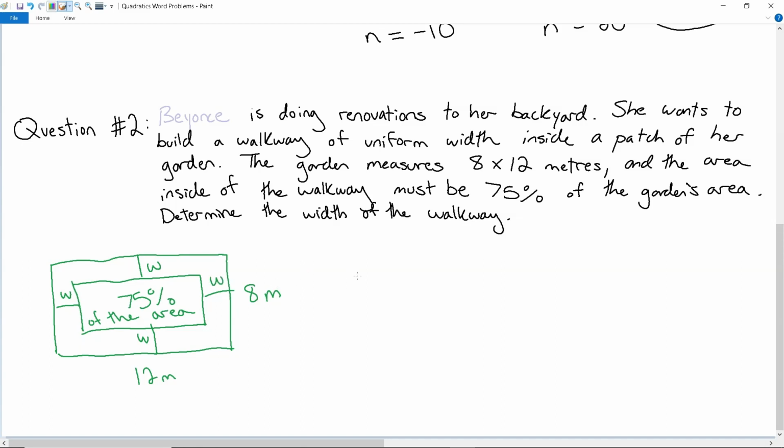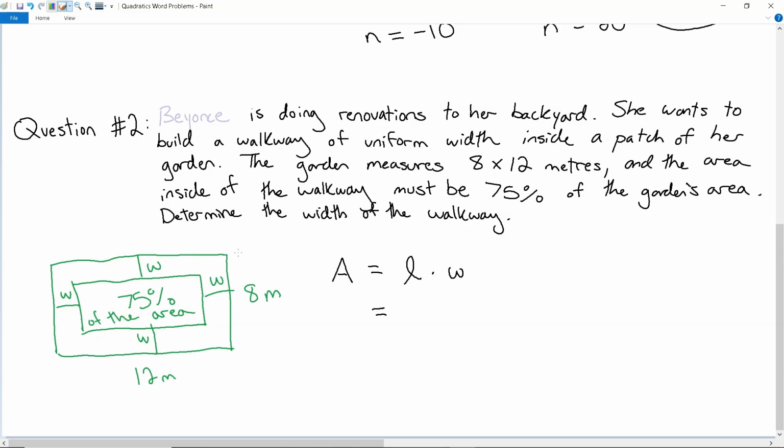And let me think about representing the area in the inside of my garden with an equation. So I know that area is length times width. I need to think of how to represent this using the variable w.